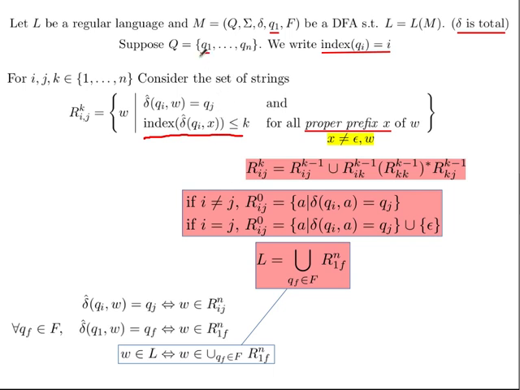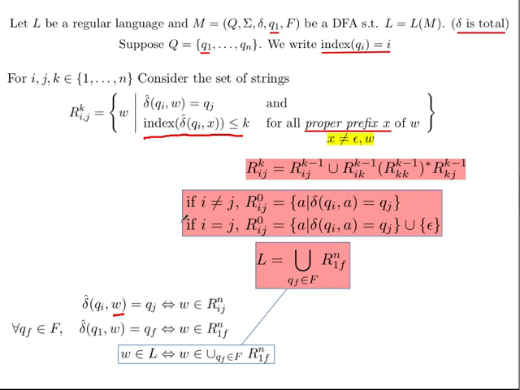Because we only have states up to qn. So whatever path we have, it doesn't contain anything beyond n. The index doesn't go beyond n. So if we put n here, it's like removing this constraint altogether. That means you can go from qi to qj by processing w if this w belongs to Rij n. So putting n here means we are not caring about this condition anymore. So this is true for any ij, right?